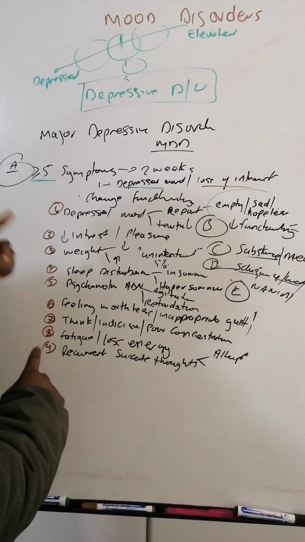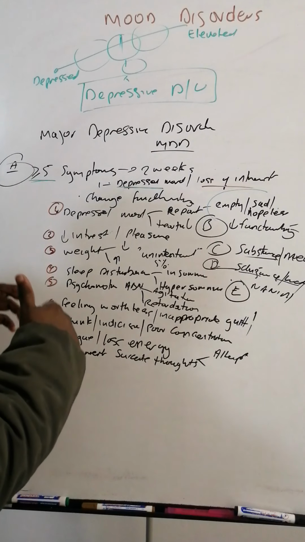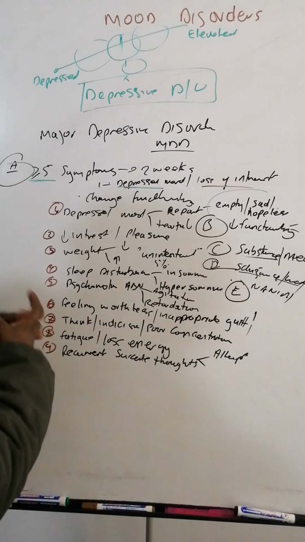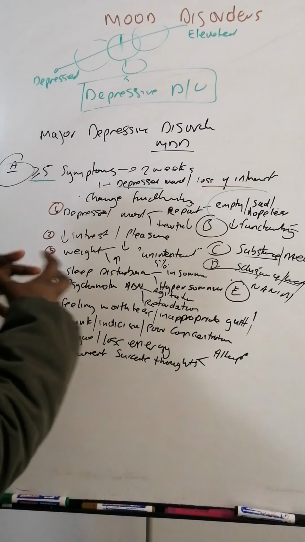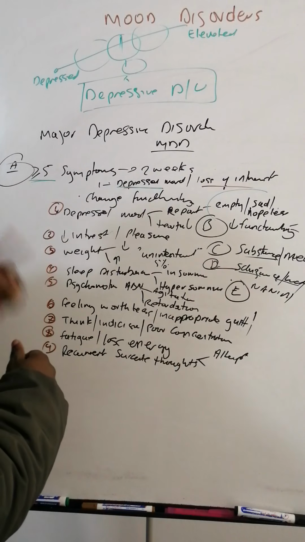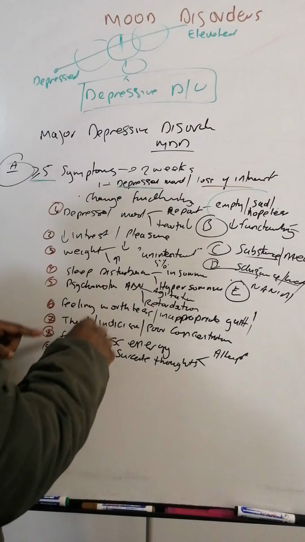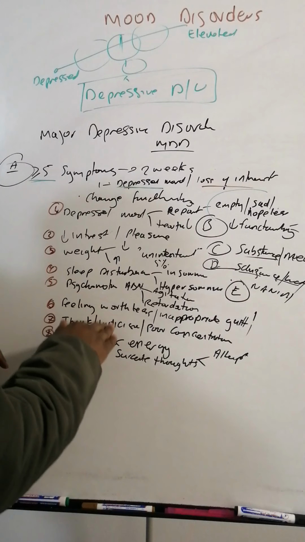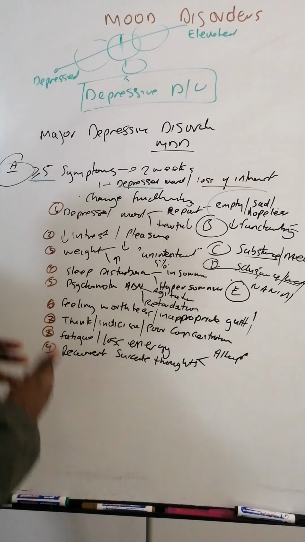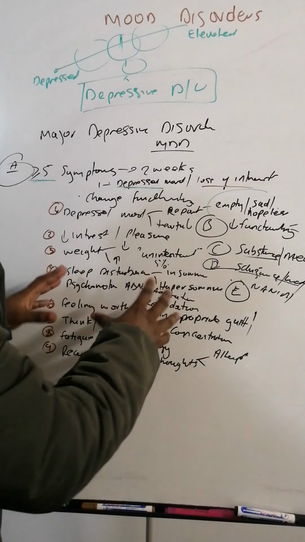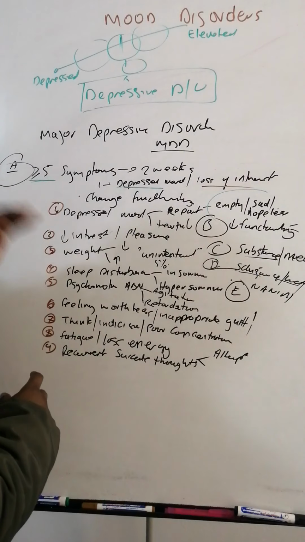Criteria D, there must not be any other psychiatric illness that can better explain these symptoms, like schizoaffective, schizophrenia, schizophreniform, and others. And then criteria E says that on top of these symptoms, this patient must not have had mania or hypomania, because if they had mania or hypomania, then it means this is not MDD, it's bipolar.